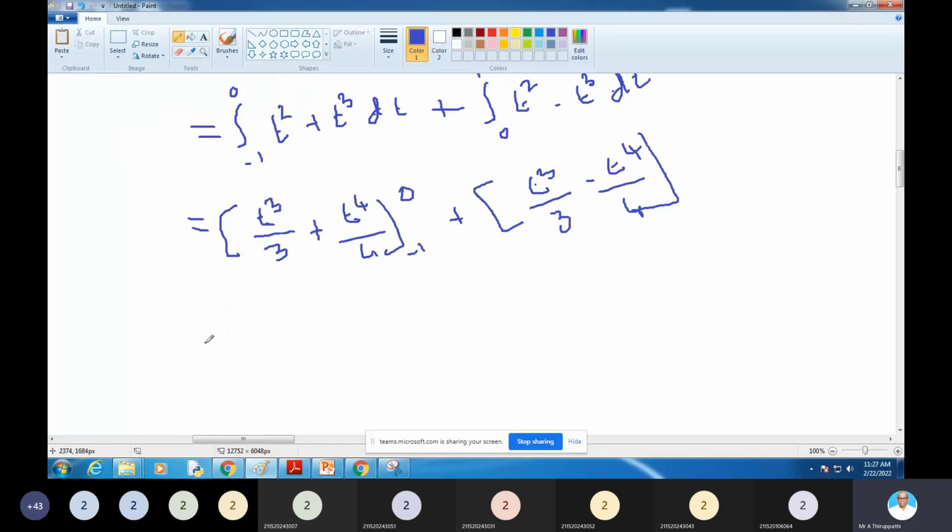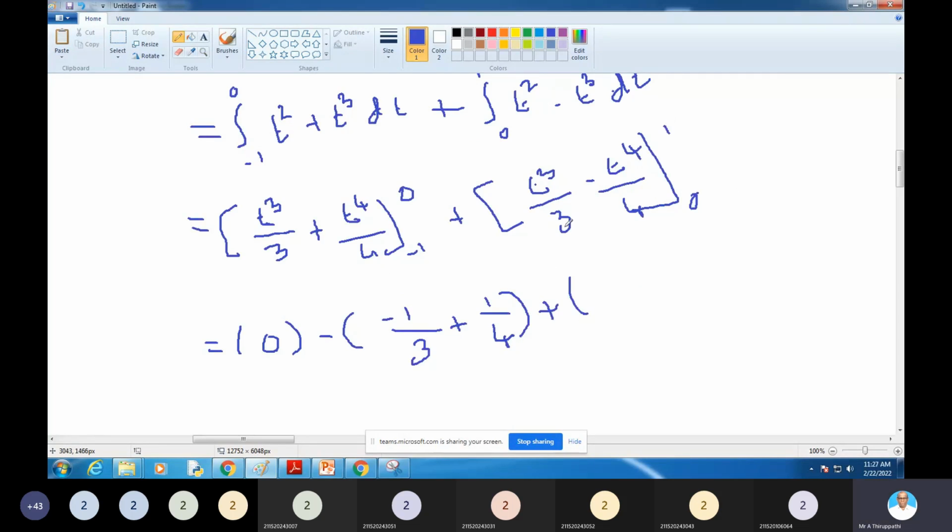Put in the upper and lower limits. First the upper limit is 0, and 0 into anything is 0 only. Now the lower limit minus 1: minus 1 to the power 3 gives minus 1 by 3, minus 1 to the power 4 gives plus 1 by 4. Next, plus 1 cube, here also 0 to 1 only.